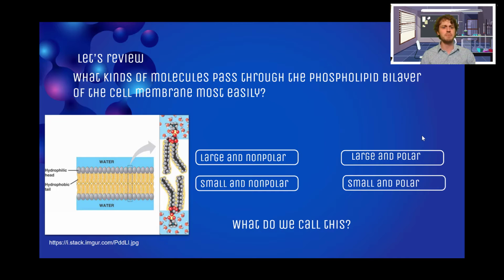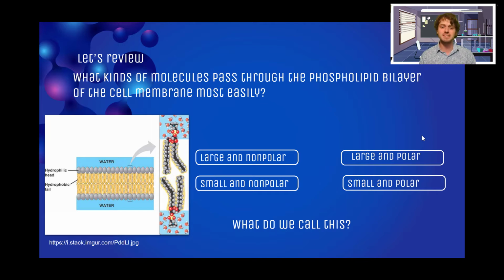So we talked about the cell membrane, we talked about its structure, we talked about the hydrophilic head, the hydrophobic tail, how they orient themselves. And basically what it comes down to is to move through that one, they have to be small enough to fit. Okay, so to fit through those spaces, they do have to be small.